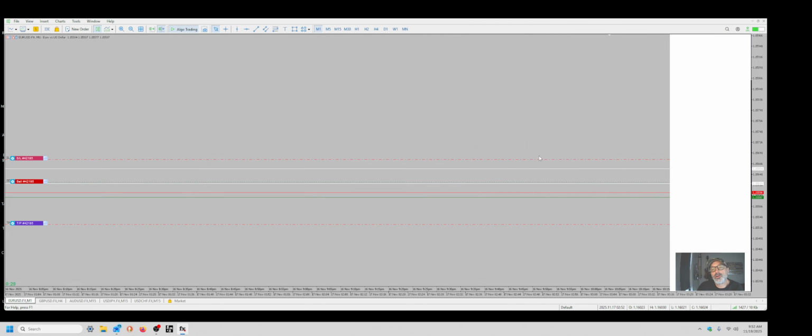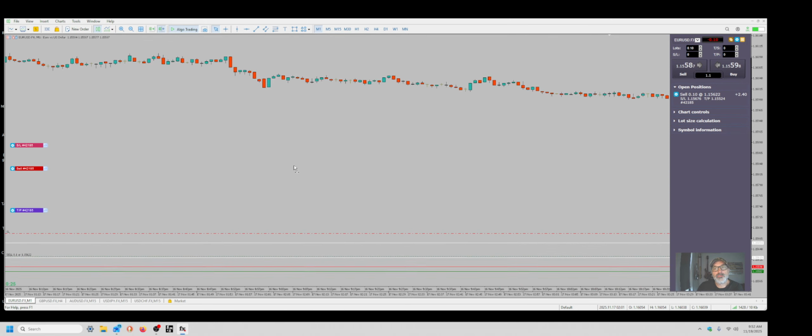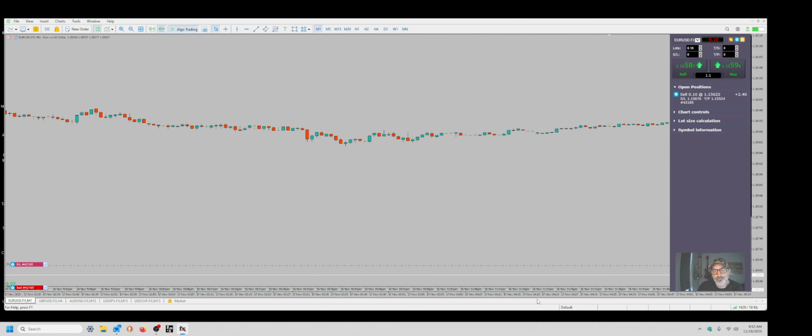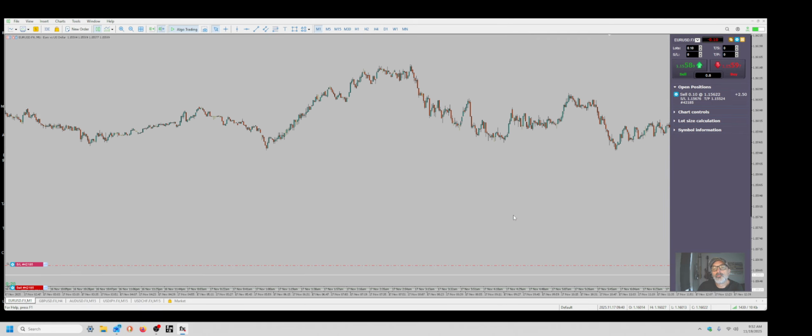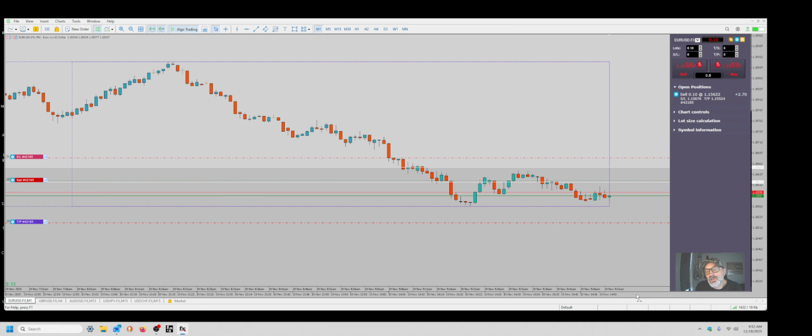If we go to the 1-minute chart, you'll see that there was a little bit of buying in, and then a little bit of buying here.